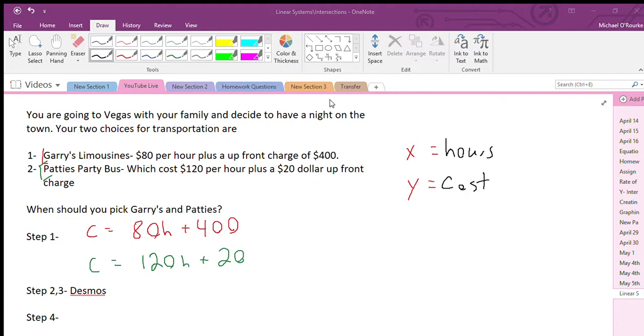So we're going to scroll out. You can scroll as much as you can. And, oh, there's our dot right there. You kind of have to look for it. So 9.5 and 1160.